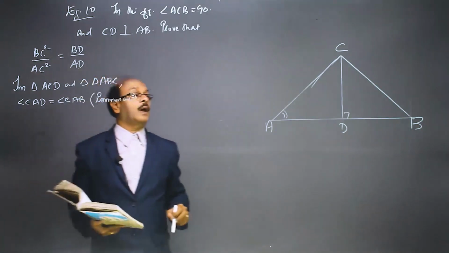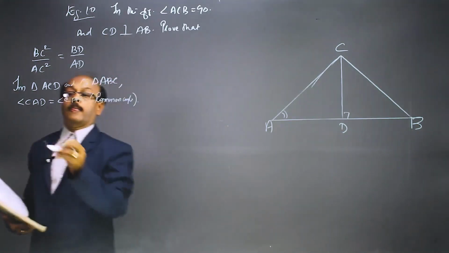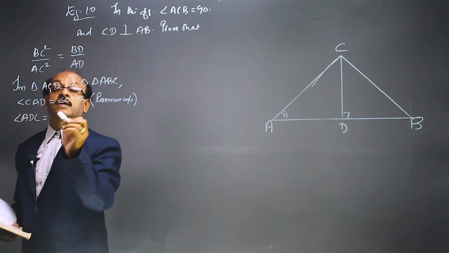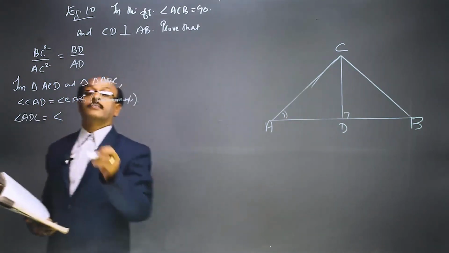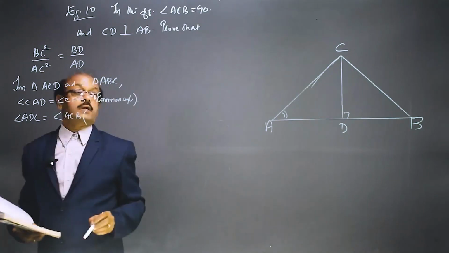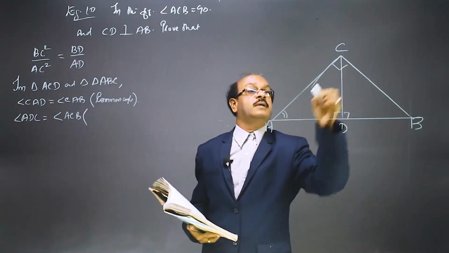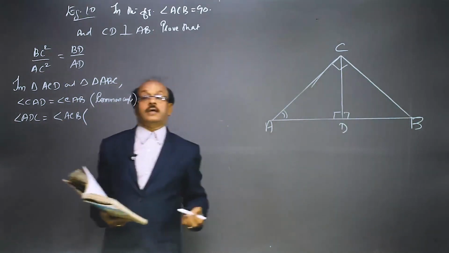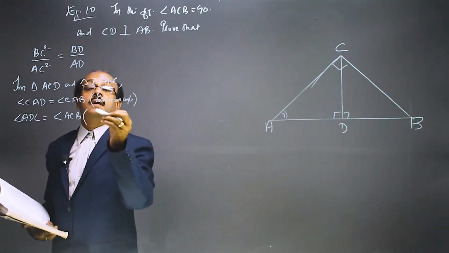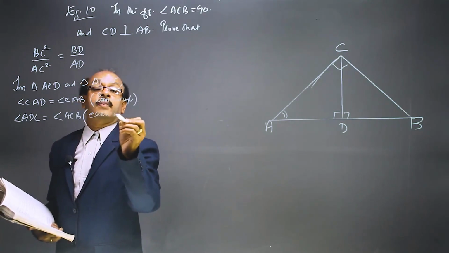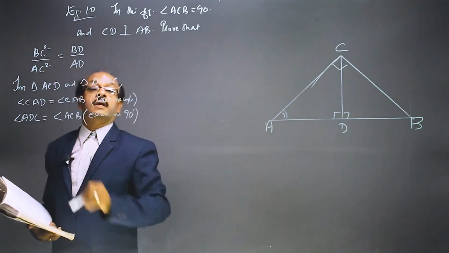And angle ADC is equal to angle ACB. The reason is angle ADC is equal to 90 degrees and angle ACB is also equal to 90 degrees. Each is 90 degrees is the reason.